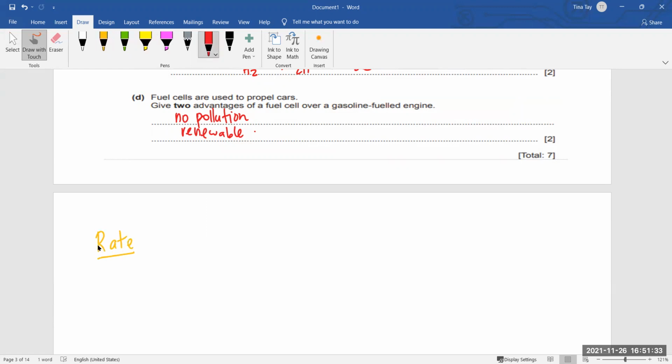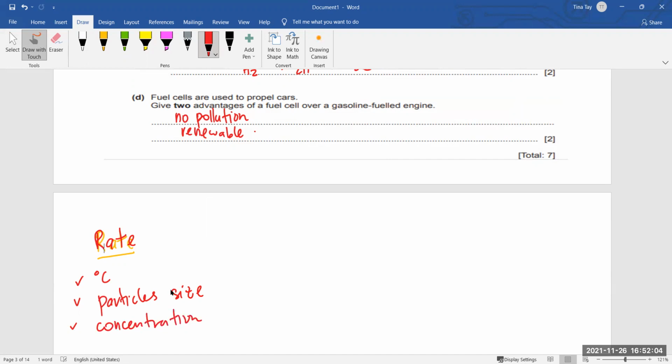What are the factors that affect the rate of reaction? Temperature. Particle size. Concentration.